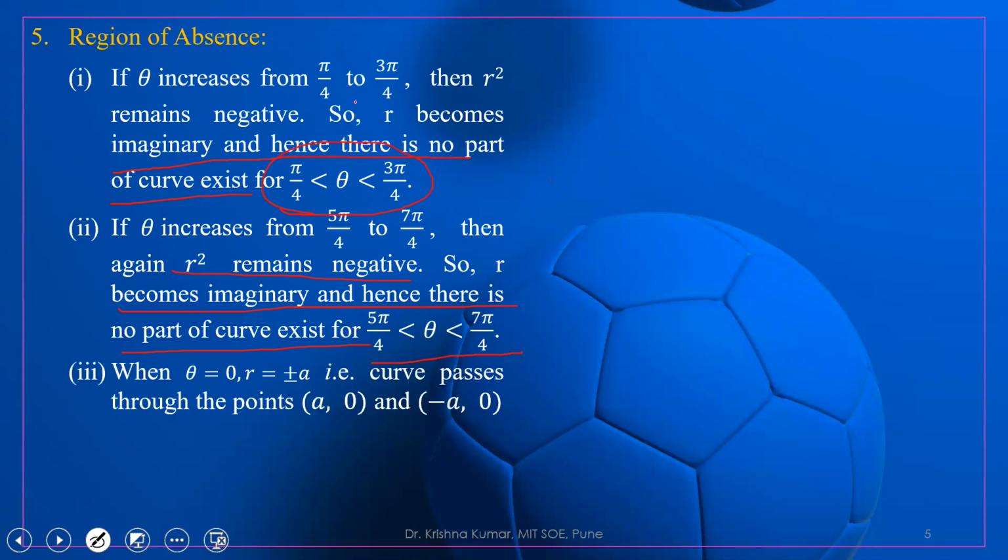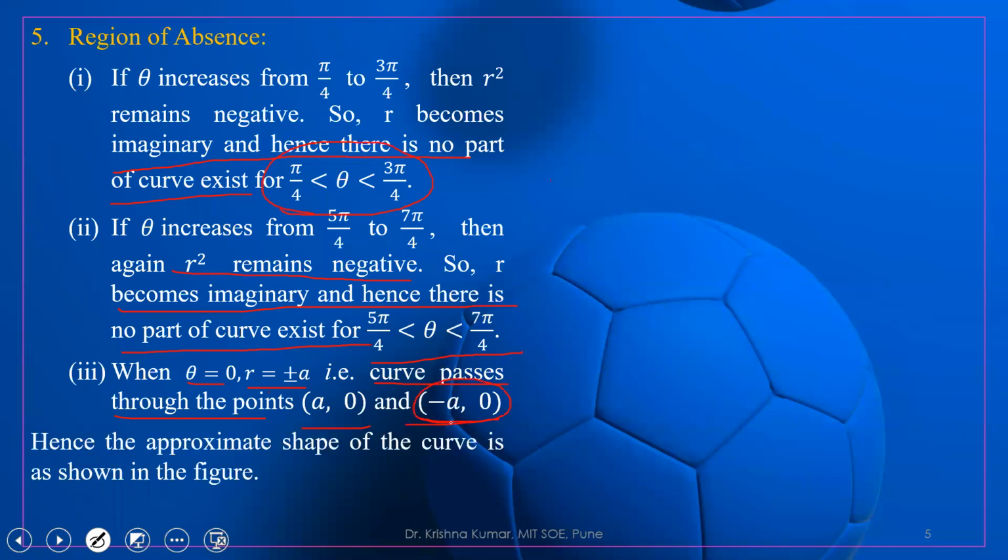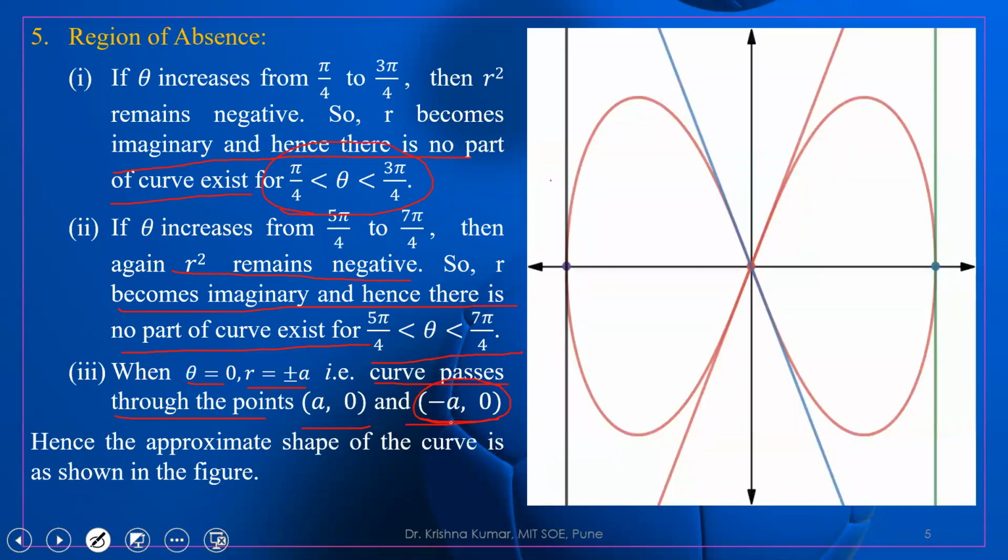When theta equal to 0, r is equal to plus minus a, that is, the curve passes through the points (a, 0) and (minus a, 0). Minus a, 0 means what? It is the opposite of theta equal to 0. Hence the approximate shape of the curve is as shown in the figure. Just look here, how to trace this curve. First thing, this is the line theta equal to 0.